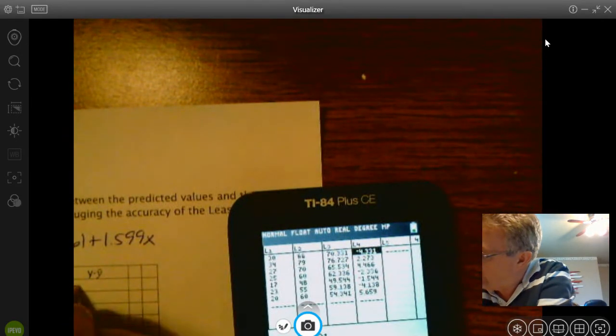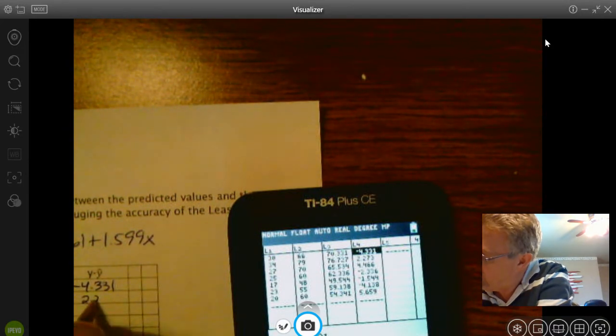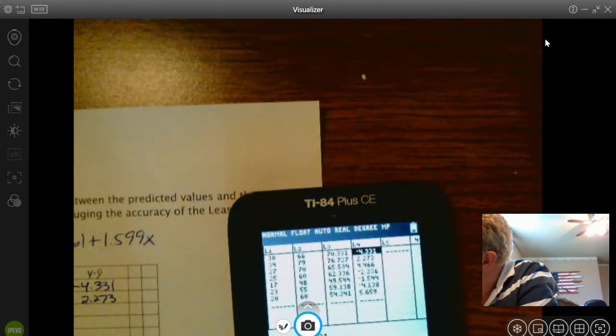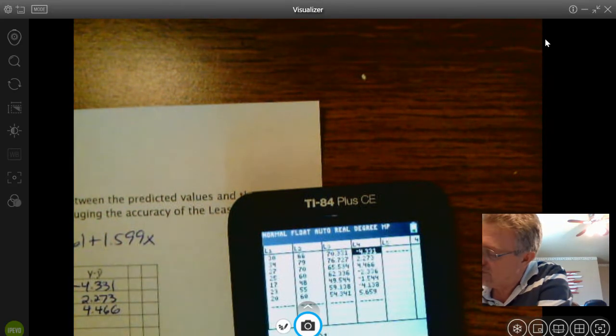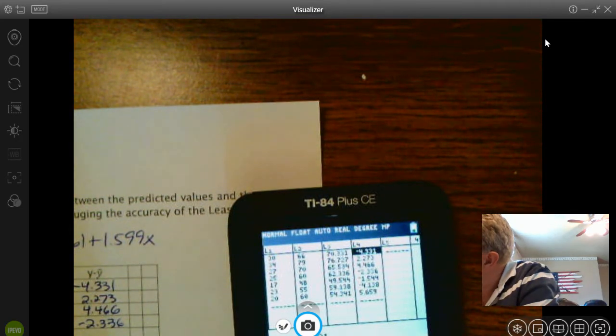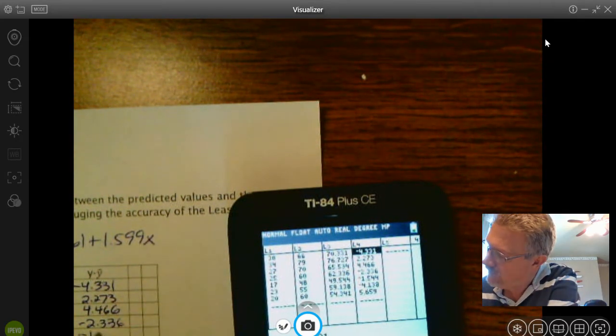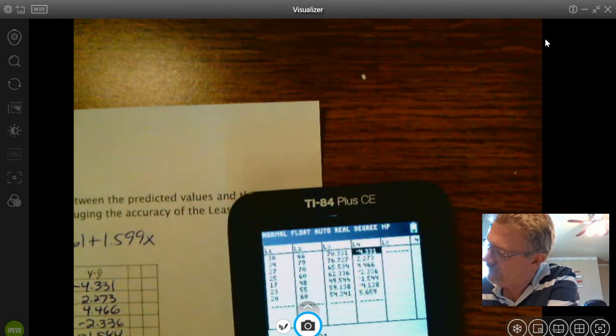Okay, so negative 4.331, 2.273, 4.466. And again, this is 70 minus 65.534. Negative 2.336, negative 1.544, negative 4.138, and 5.659.